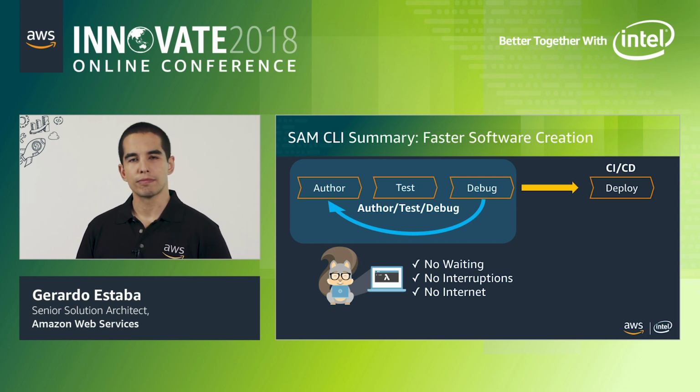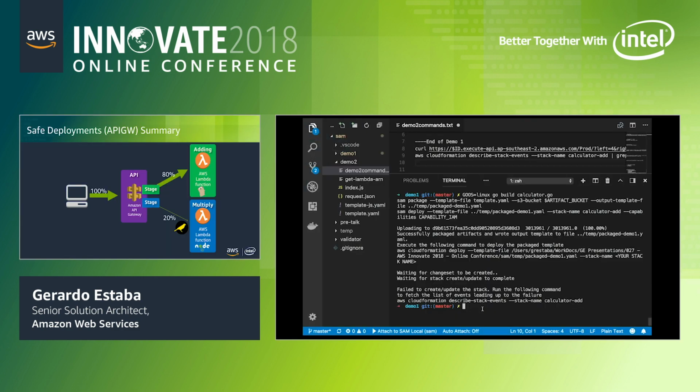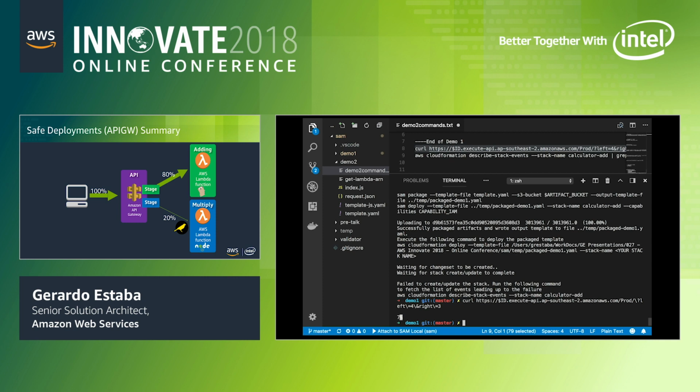So let's do this. Let's check my previous deployment before we start with demo 2. First off, we can see that the deployment failed, and that's a good sign. Remember that we tried to trigger the security mechanism. So let's curl the endpoint and see if my calculator is still adding. Yes, it is still adding.